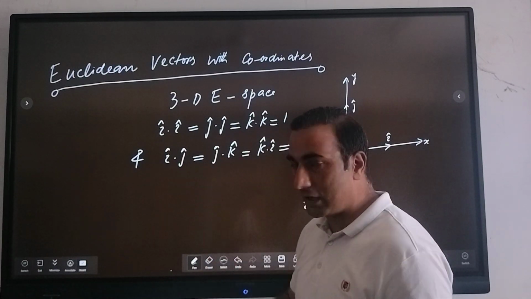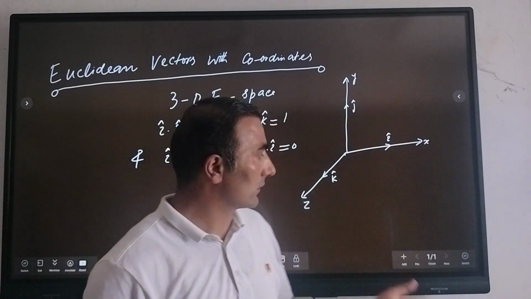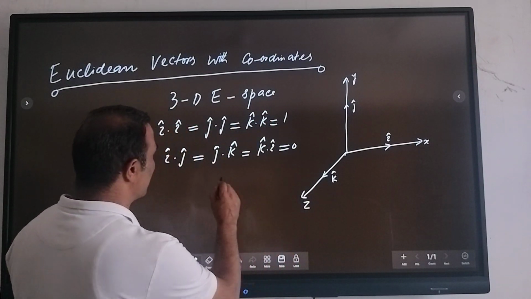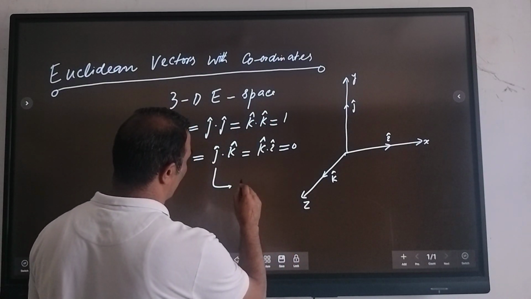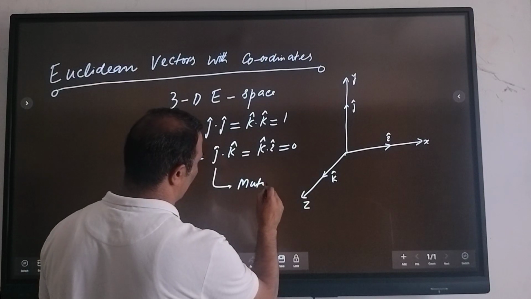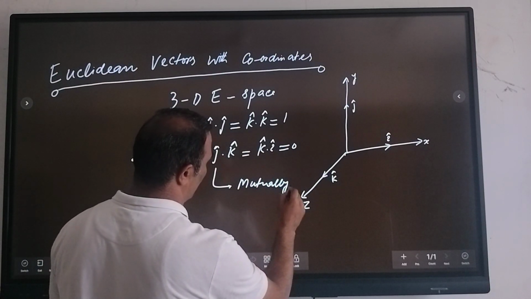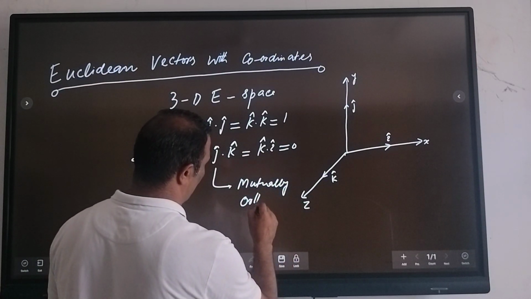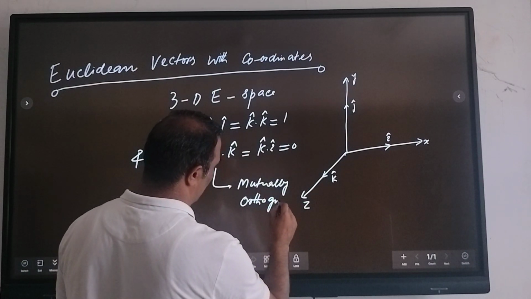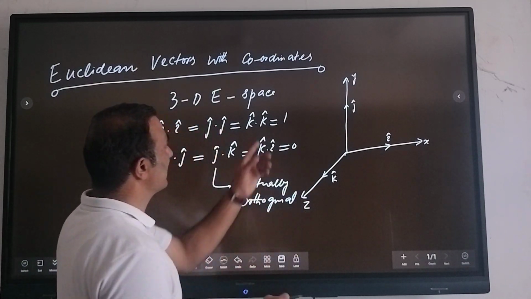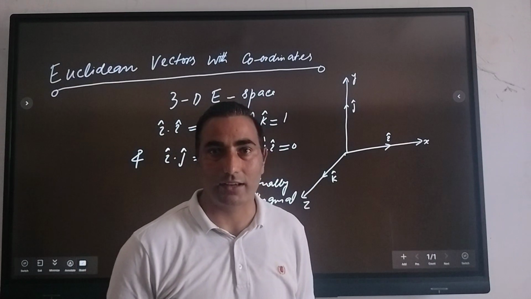And similarly, when you take the dot product with different unit vectors, that is equal to 0. So this property says that these are mutually orthogonal. And this one says that these are at right angles to each other, right?